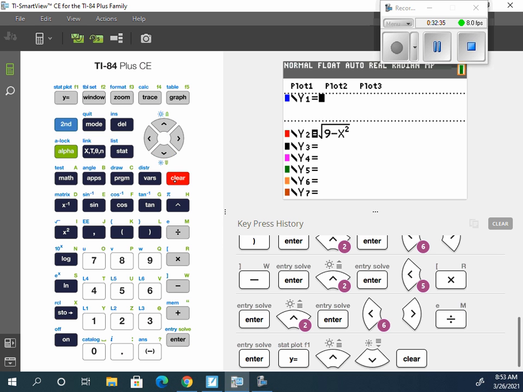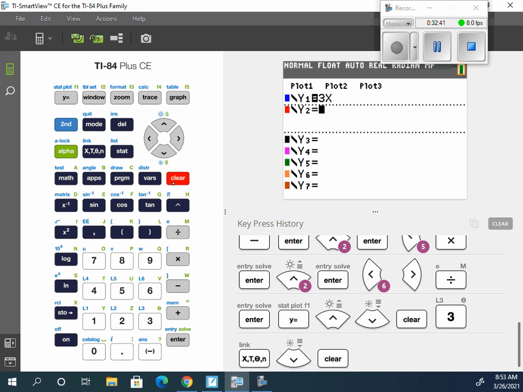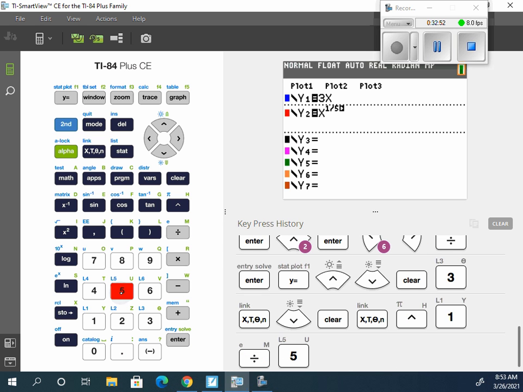What I'm going to show you this here is, I'm going to say 3x, clear. Now you should notice these here, these are the ones we did on the previous problem, yes? So, quit.